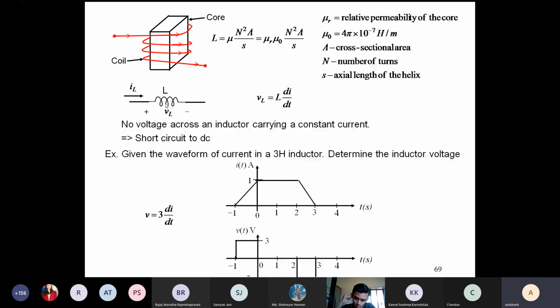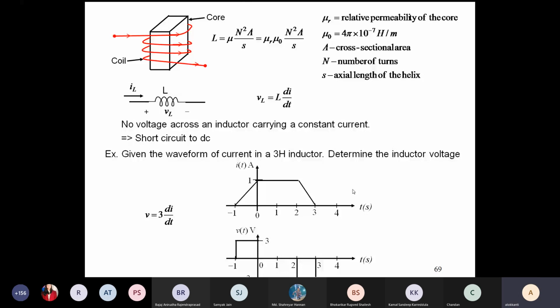So we did a small example where we were given a 3 Henry inductor, the unit of L is Henry, and this type of variable current waveform is passed through it.